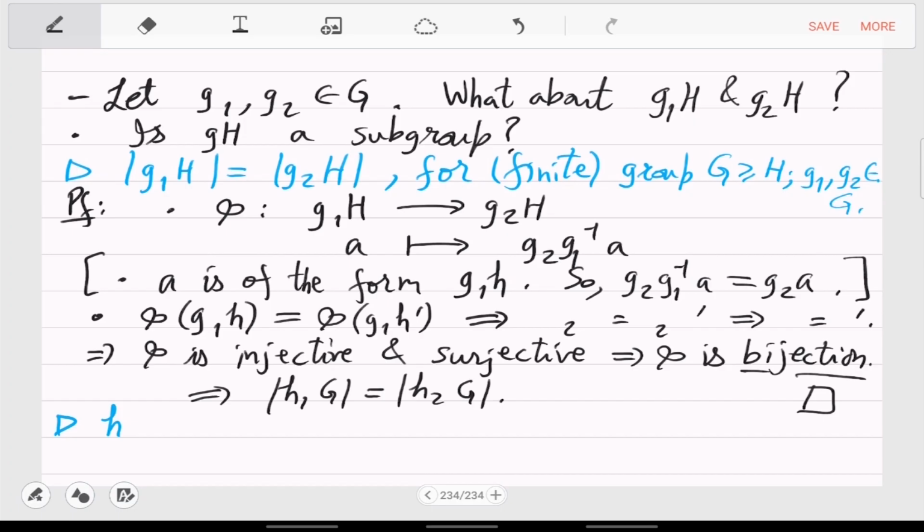If they are equal, then what you get is G2H is equal to G2H prime and this will give you H equal to H prime.